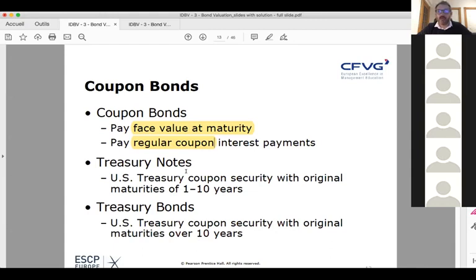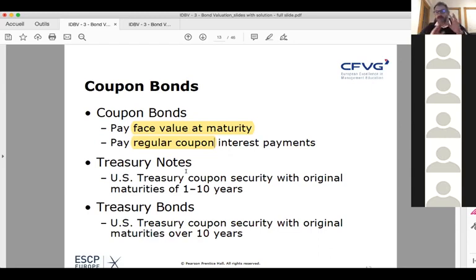You remember when we did some exercises about time value of money, I said you should adapt the rate to the rhythm of the cash flows. Okay, so if you have cash flows every 6 months, you should use a semi-annual rate. So be careful about this. It's certainly one thing we have to take care about when we talk about bonds.